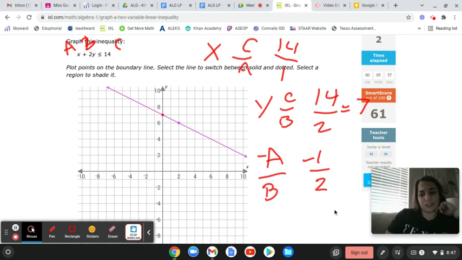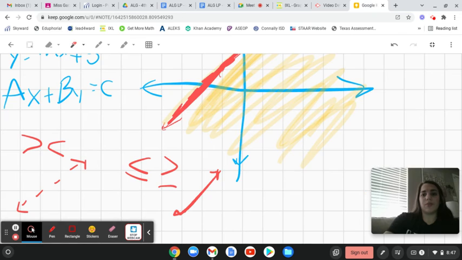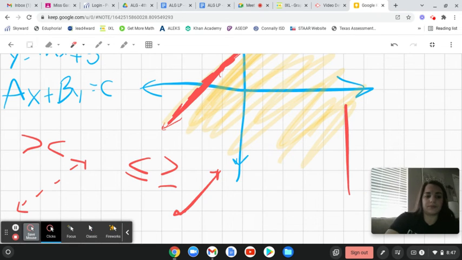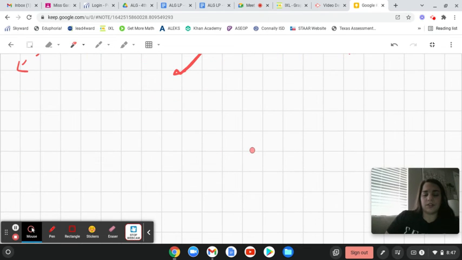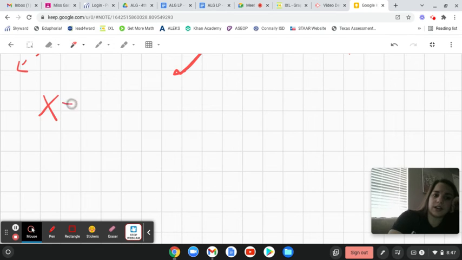This is where it gets a little tricky. When you have ax plus by equals c, you have to use a point to figure out where it's going to work. This is what I mean. I'm going to go back to Google Keep real quick and show you. Over here it was x plus 2y equals 14.